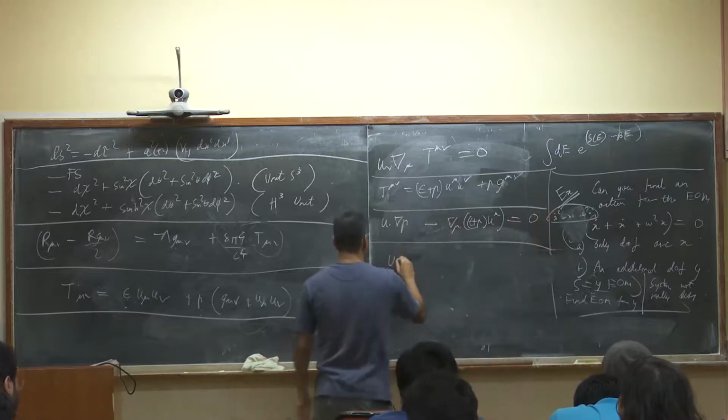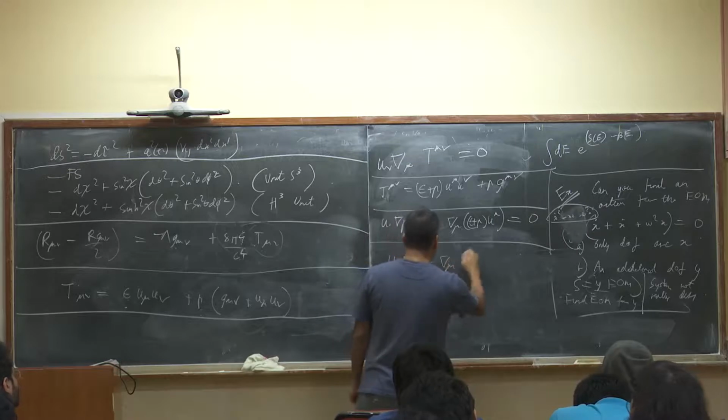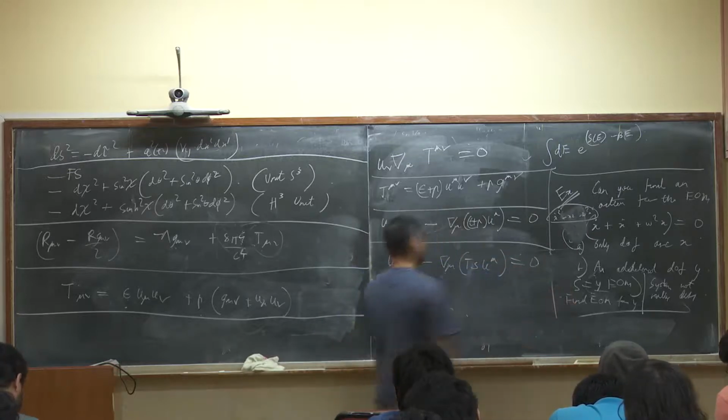So this equation is u dot del p minus del mu of t s u mu is equal to 0.